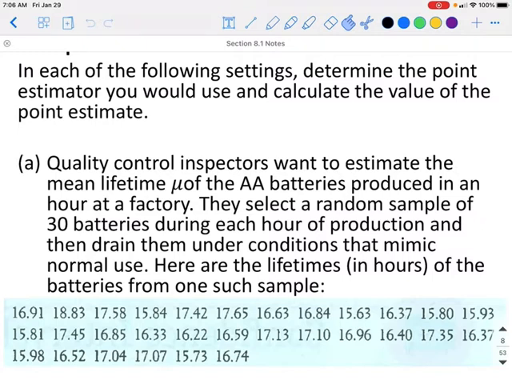So we can use the sample mean x bar as our point estimate for the population mean mu. For this data, if we find the mean of all of these values, we would get x bar equal to 16.7 hours. So we would let our point estimate be 16.7 hours, which means we are going to estimate that the population mean would be 16.7 hours.